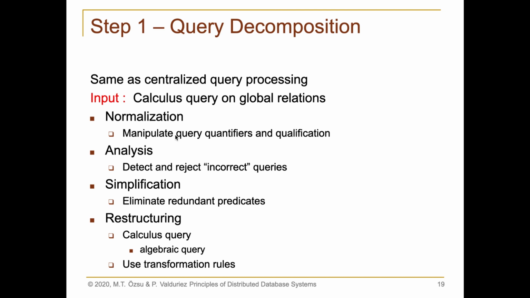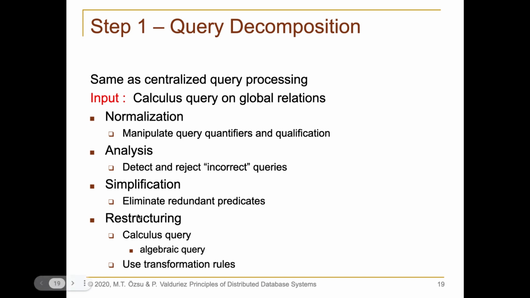Analysis is there only to detect and reject incorrect queries. Queries could be incorrect if they are contradictory with each other, or if they have semantic incorrectness. The third operation that you could apply while decomposing a calculus query into a relational query is simplification.